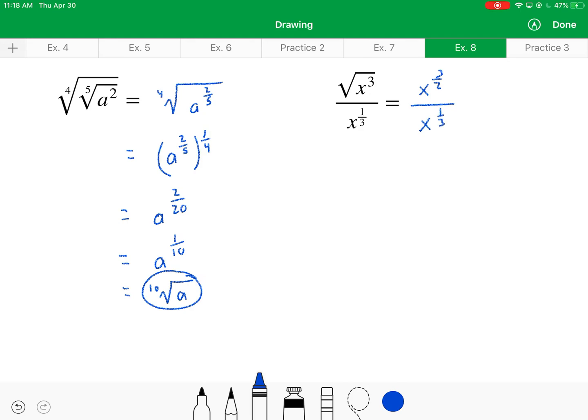And once we're here, it's pretty similar to a couple examples ago. We're going to subtract the power of the numerator by the power of the denominator. I had a moment of dyslexia there, it should be 3/2. Subtract that by 1/3. Okay, so get yourself a common denominator.